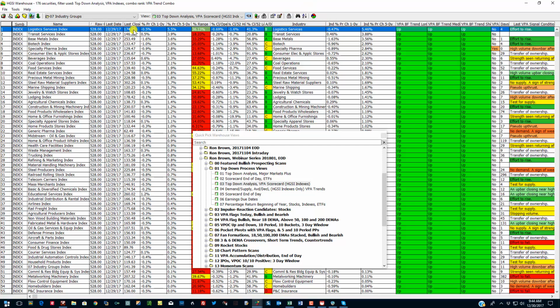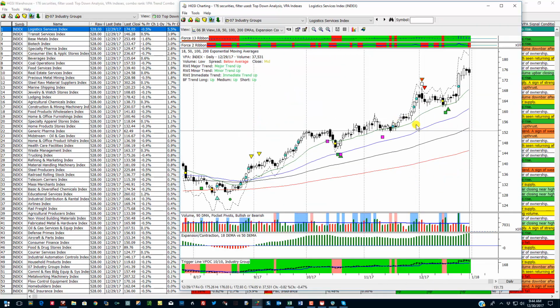So if I bring up logistics services, you can see that over the past 5 days it's moved up nicely, and it's obviously a long-term trend. My fan, the 18, the 50, the 100, and the 200-day exponential moving averages are spread nicely apart. This is a sign of institutional support when you see a chart like this.